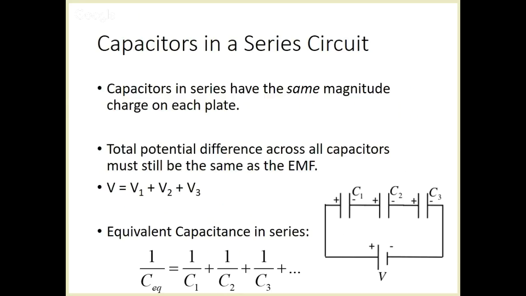You can actually take these two ideas of the same charge and additive voltage and end up with the equivalent capacitance equation in series, which just so happens to look a lot like the equivalent resistance for resistors in parallel. Cool. So capacitance in series follows the reciprocal rule. Resistors in series simply add.